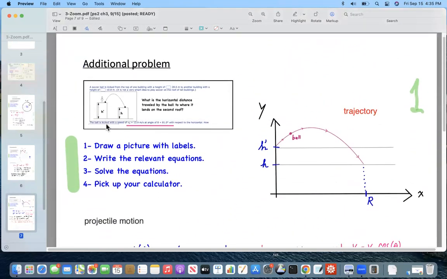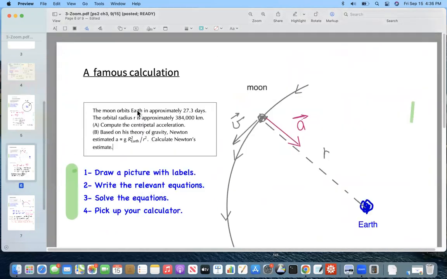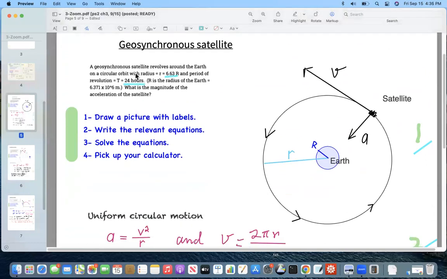Here's another problem from the homework assignment. It's in the assignment, it's just called additional problem. Is that the one I want? There was the geosynchronous satellite.